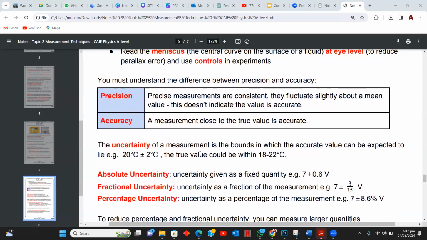Precision and accuracy. We've studied that precision is affected by random errors and accuracy is affected by systematic errors. It's important for you to understand that precision basically refers to how consistent the measurements are. कितना close है measurements एक दूसरे से. Accuracy is how close it is to the accurate value.